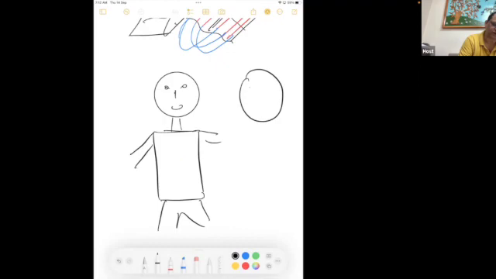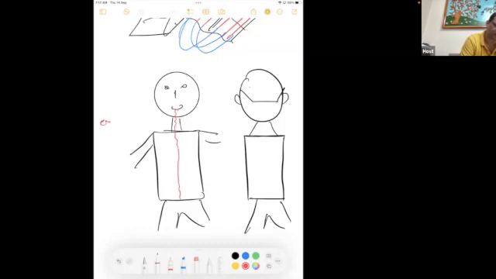So we are looking at the human body from two sides, front and back. In the front, we are having one extraordinary meridian. क्या नाम है इसका?